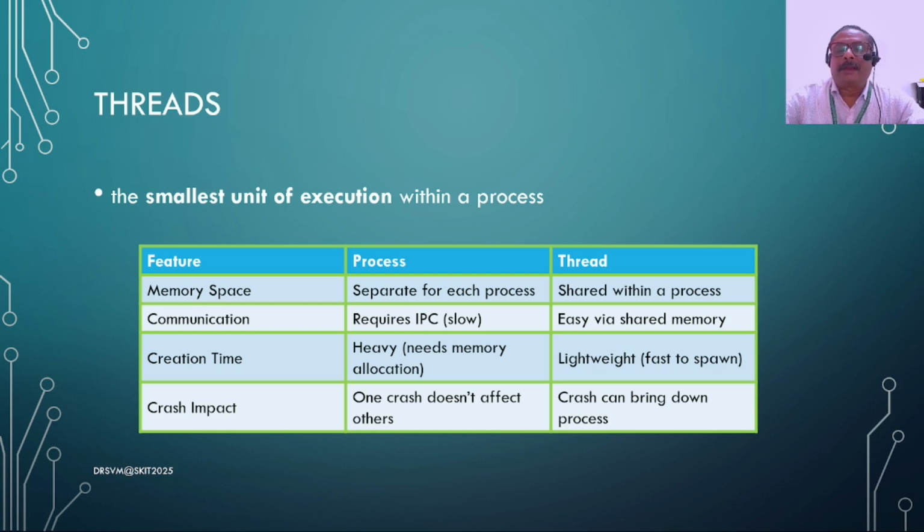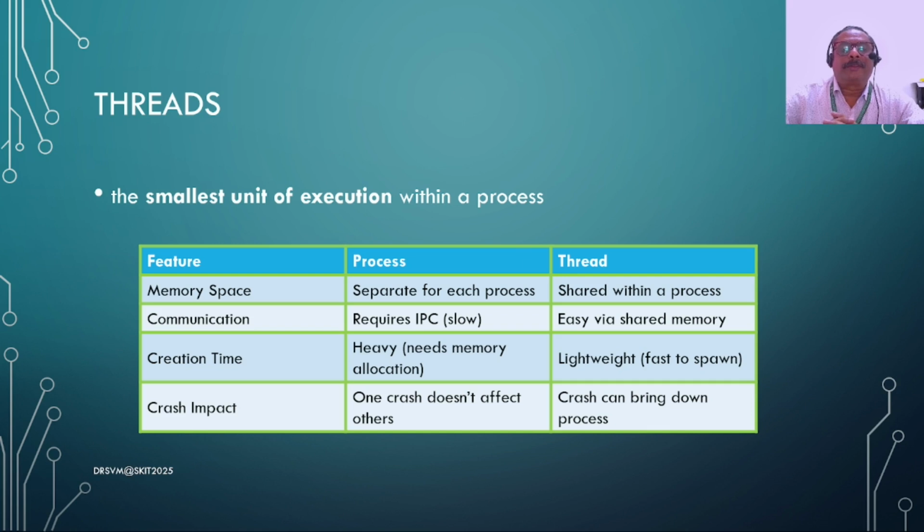We'll see exactly what the difference between a process and a thread is when it comes to the resources required. When it comes to a crash, one process crashing does not affect the other processes.